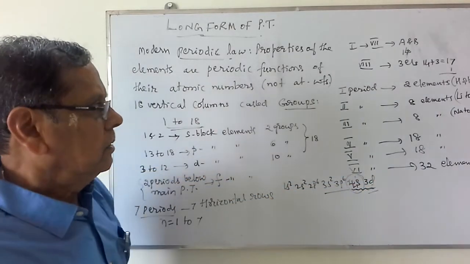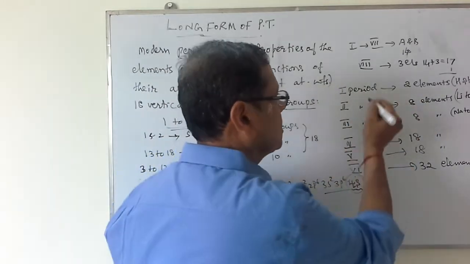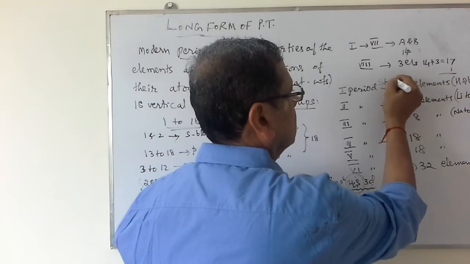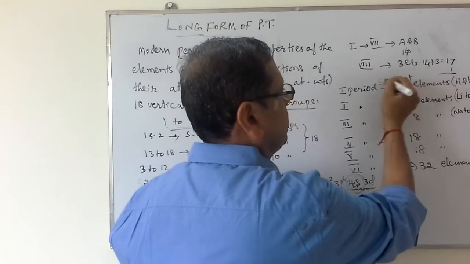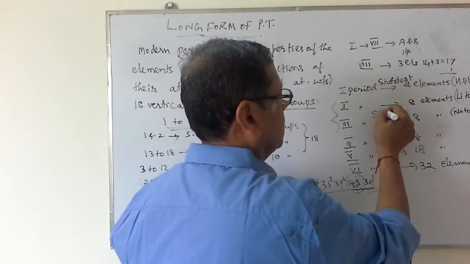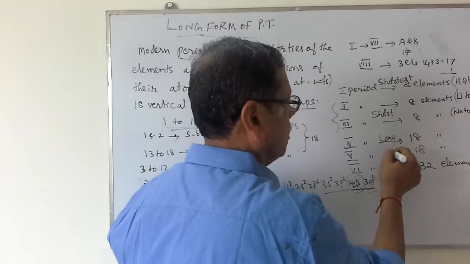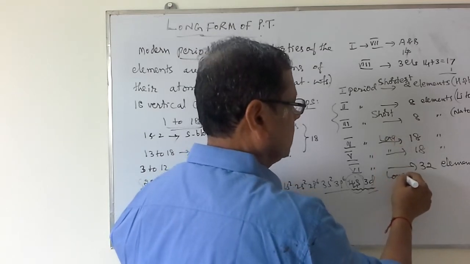That's why there are only 2 elements in the first period. This is called the shortest period. These 2 are called the short periods. These 2 are called the long periods. This is the longest.